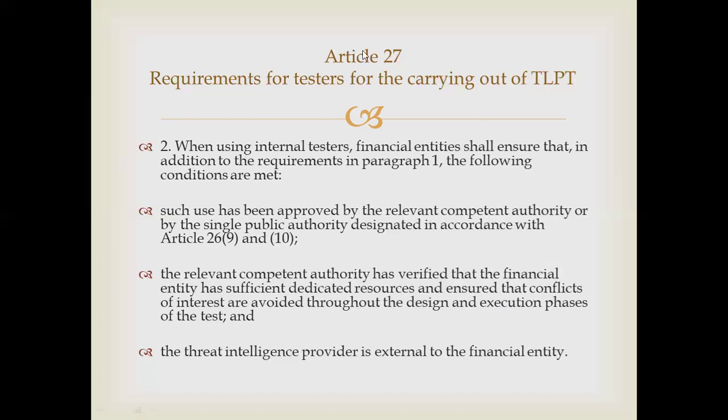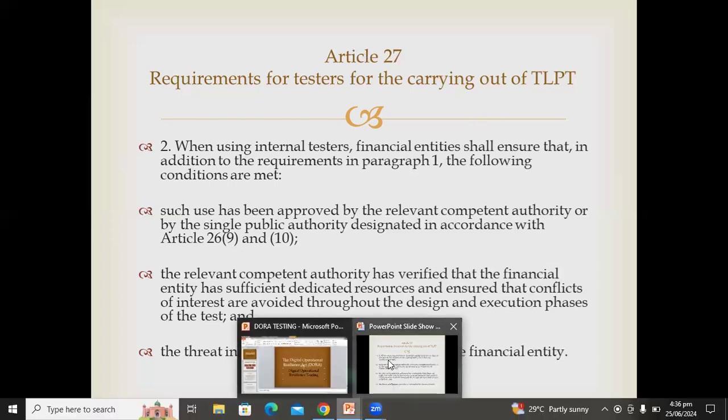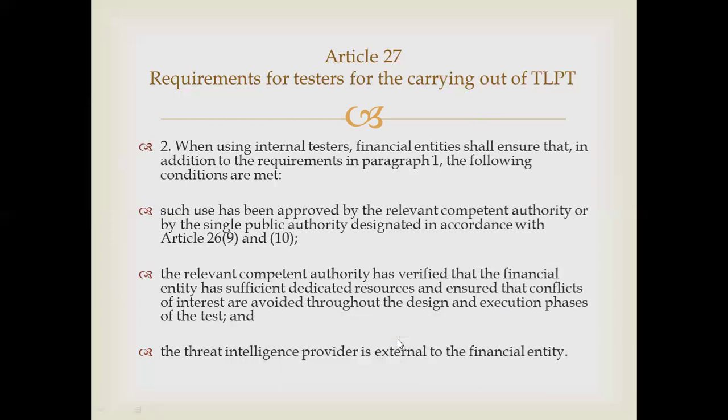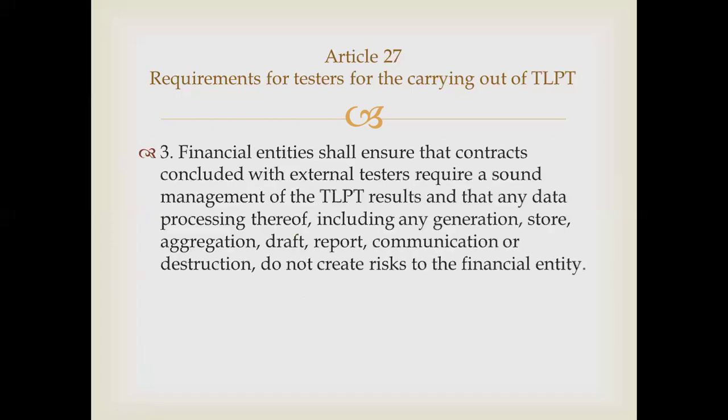So if you are going to be using internal testers, the threat intelligence provider must be external to that financial entity. So that is what this is saying. So it's also to balance the independence and to ensure that there's no conflict of interest. So threat intelligence provider must be external to the financial entity.